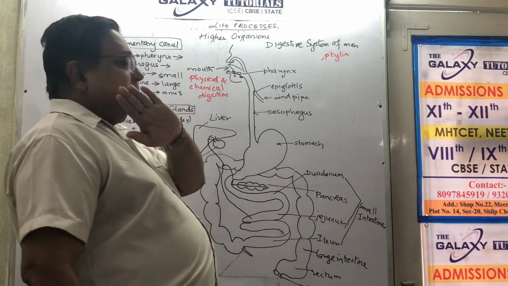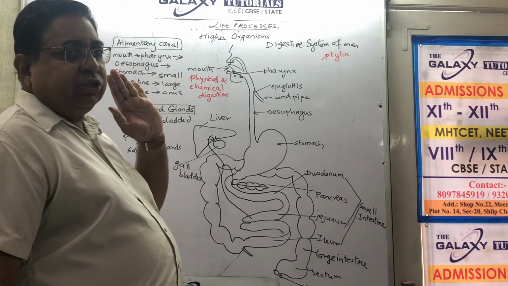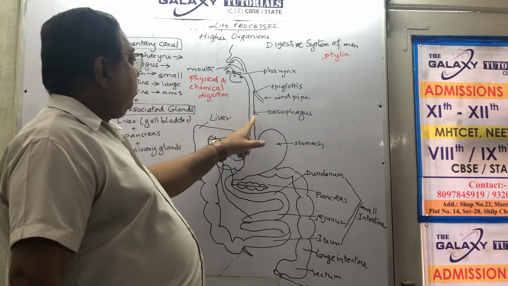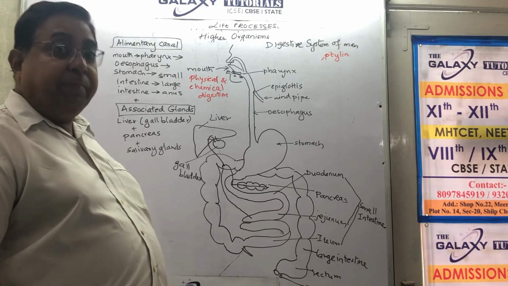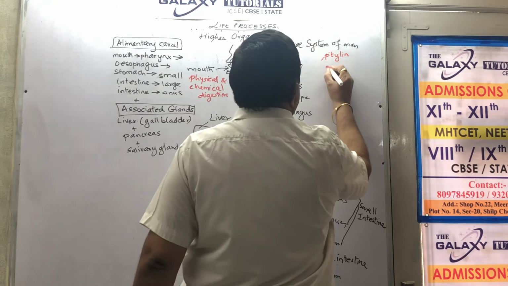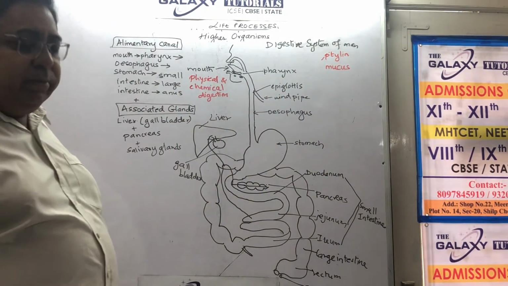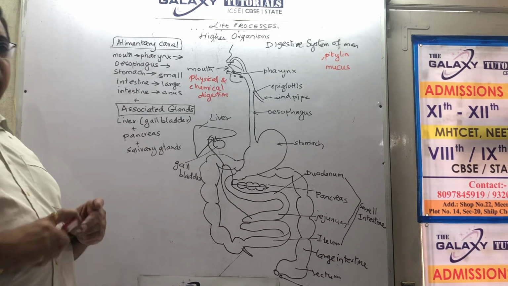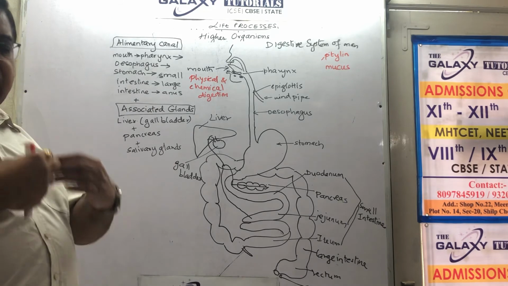Then we come to the pharynx, no enzymes, does not do any digestion. Passage. Esophagus, passage, no digestion, but it secretes mucus. Mucus is that grease-like substance which comes out when you have a cold and you spit it out, which is blocking your passage. Now this is lining so that food can slip.